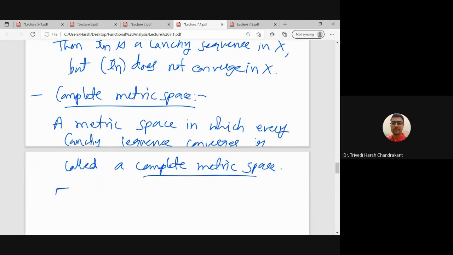Right. So we know that an example is R with the usual metric.